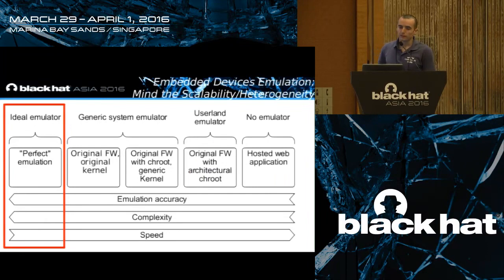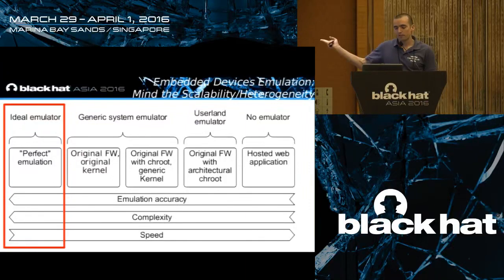But the thing is that we have plenty of choice for emulating the firmware. Which ones are available in general, and how do we choose which one suits our needs? So we had a decision to make about which kind of emulator to use, and we made a simplistic chart to know exactly where we stand at present.